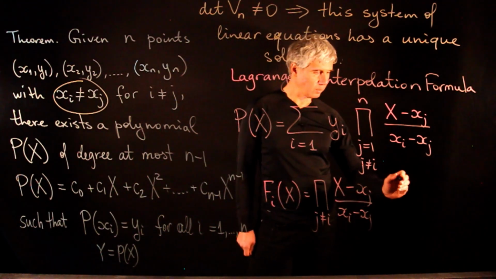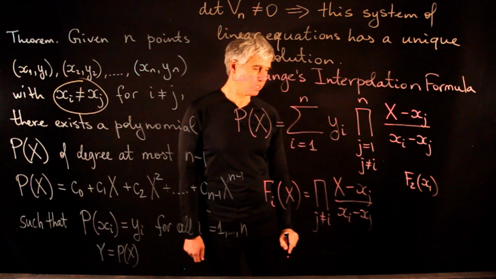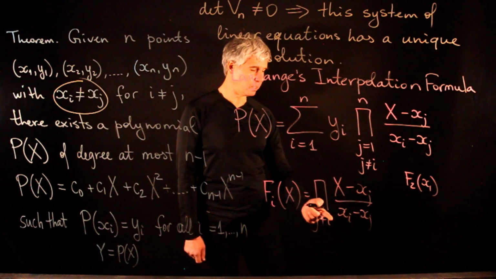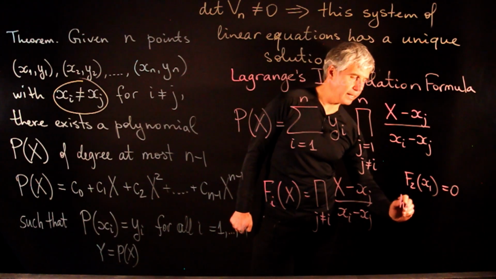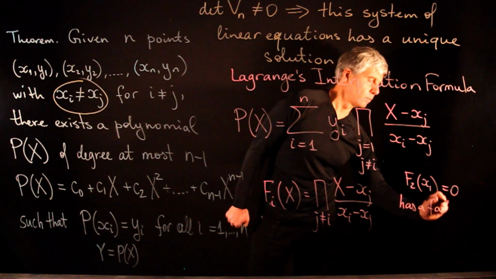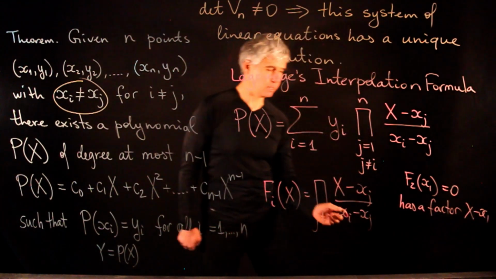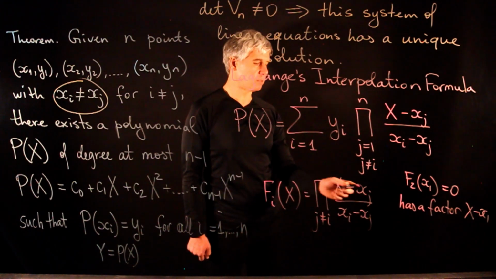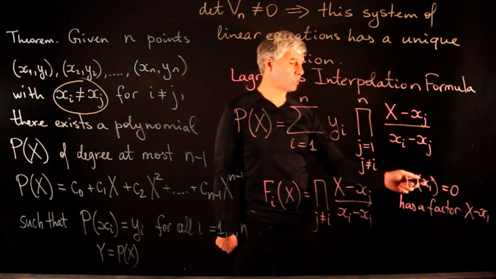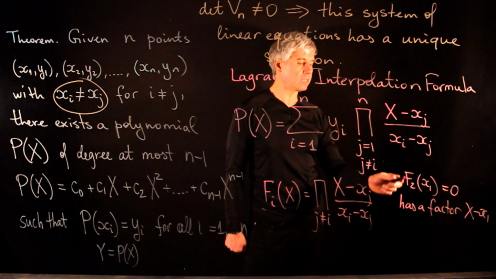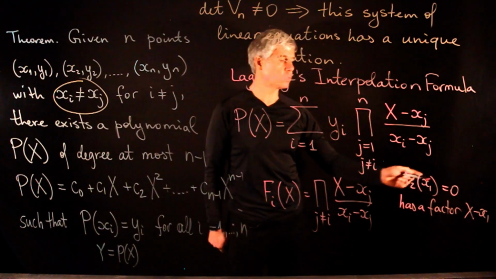Now, what will be the value of this polynomial at the given points? For example, what is f2 evaluated at x1? The claim is that this will be equal to 0, because this polynomial has a factor of x minus x1. These polynomials have factors x minus xj for all j different from i. So f2 does not have a factor x minus x2, but it has a factor x minus x1, x minus x3, and so on.